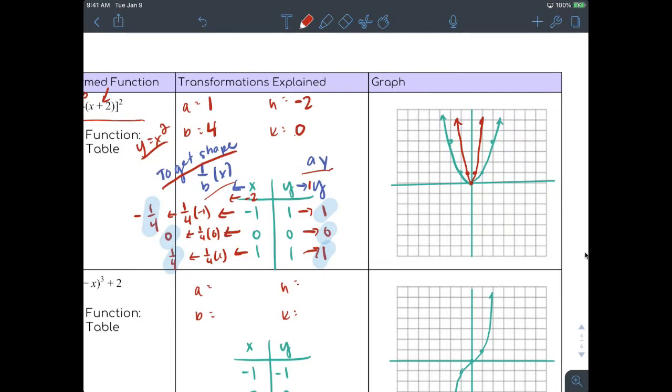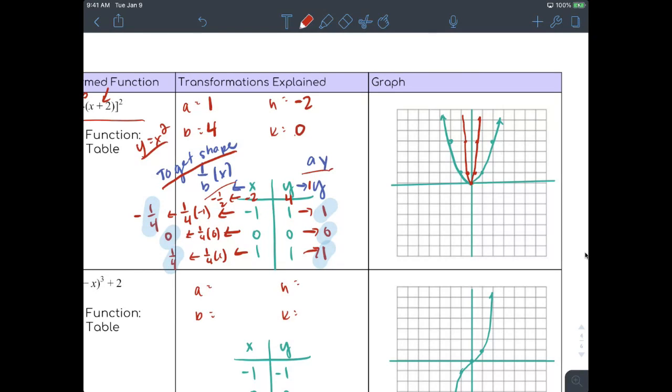Well, that would be negative 1/2. So at negative 1/2, I would go up 4. 1, 2, 1, 2, 3, 4. Ooh, my curve is kind of off. So let's try that again. 1/2, comma 4. So you can see how tight that really is.